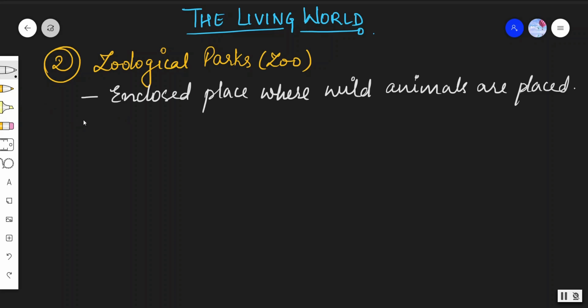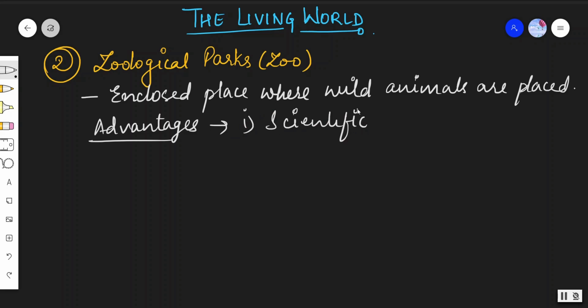So what are the advantages of a zoological park? Number one, scientific research. It gives us the opportunity to study the behavior, the habitat they live in, each and every small detail for our study in a scientific way. Next is to educate people.